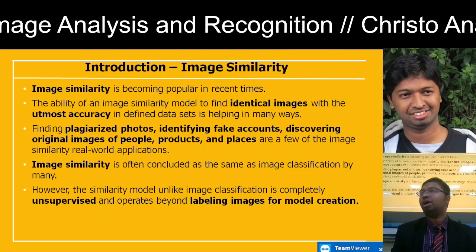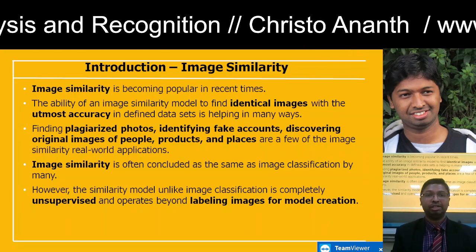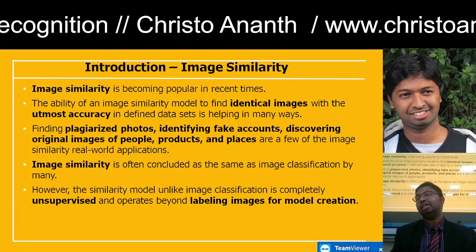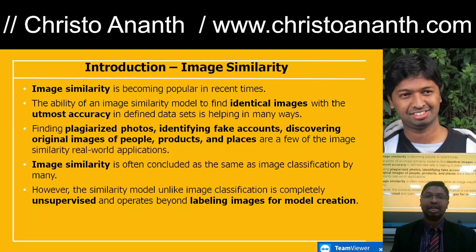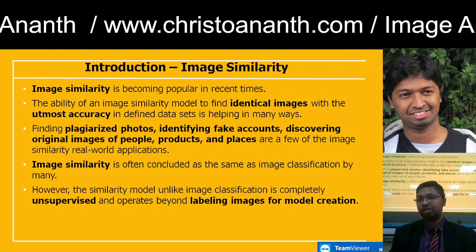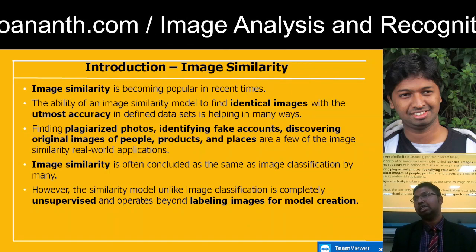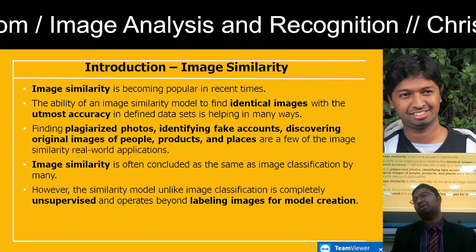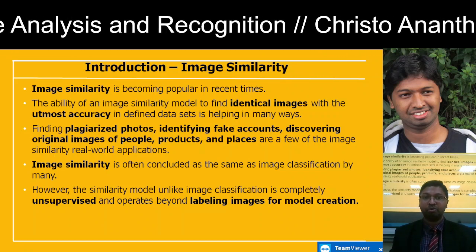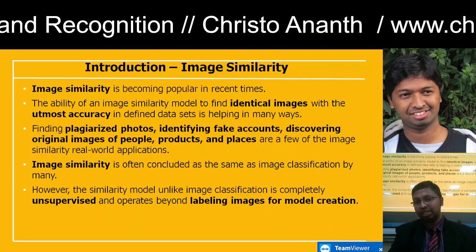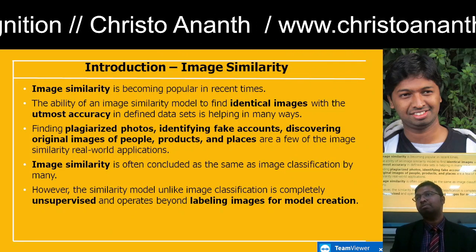Products and places you can also identify. Image similarity always comes from image classification. In the case of image classification, it is not supervised, it is unsupervised, and definitely we'll go with labeling the images for the model creation.